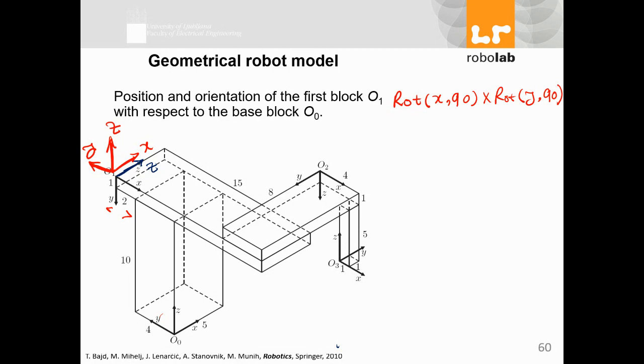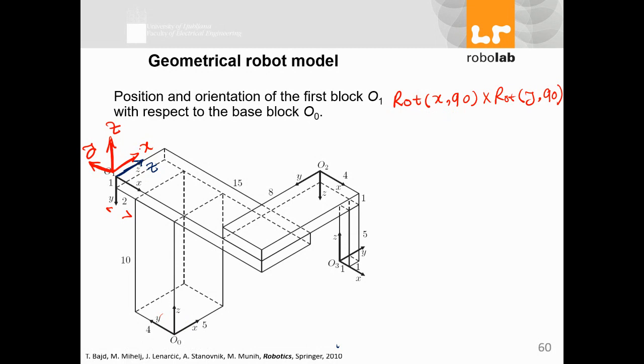Okay, let's double check that. So around x, we rotate down 90 degrees, y goes up. Why is this correct? We didn't check that together, all right?